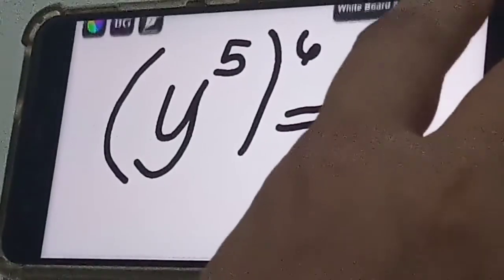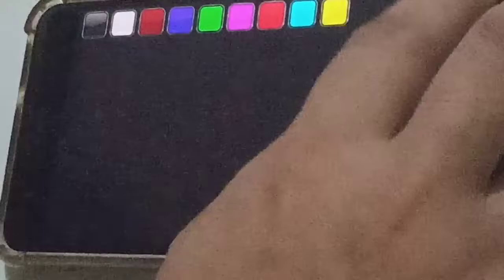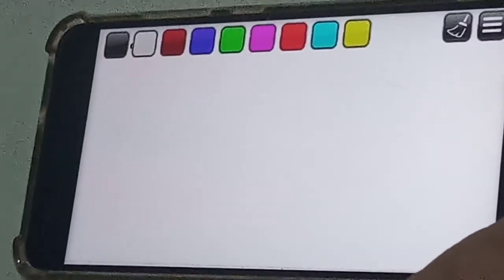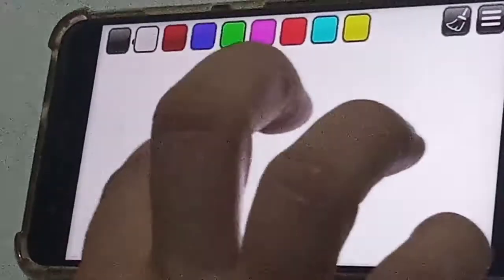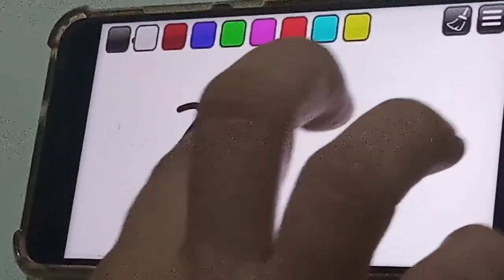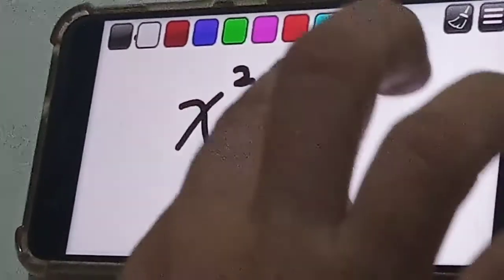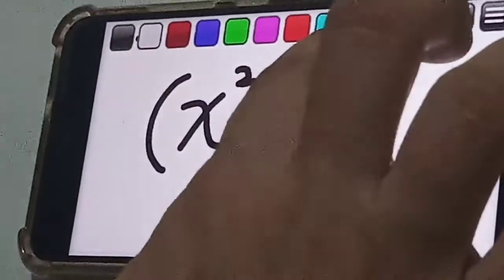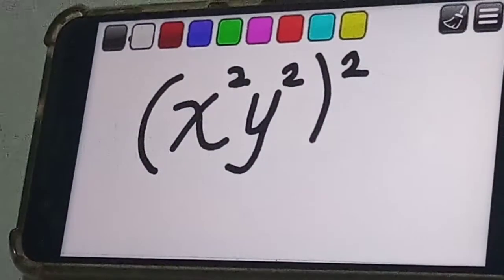Okay. Before we proceed to the third law of exponent, I want you to take a look at this one. Observe. Suppose that I have x to the second power y to the second power raised to another power, which is to the second power.